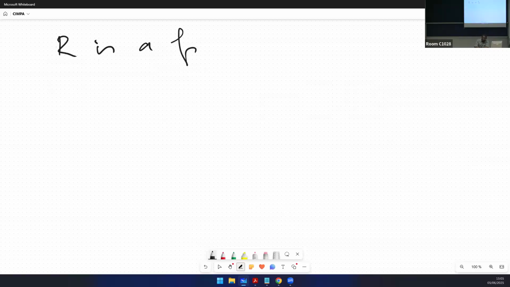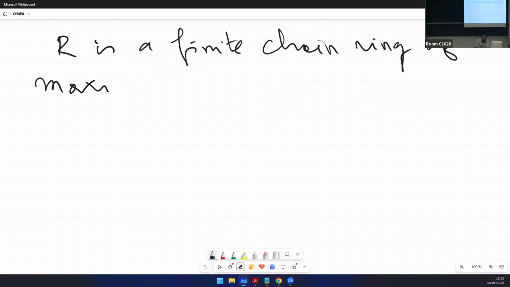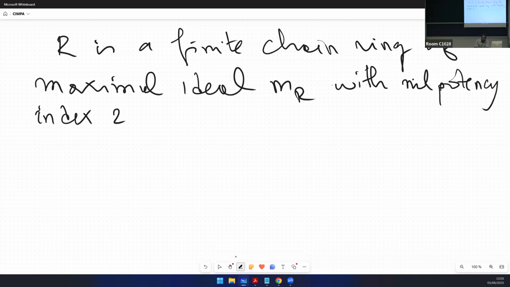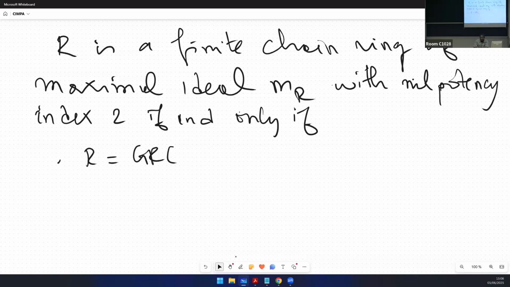R is a finite chain ring with maximal ideal MR and nilpotency index 2 if and only if R is a Galois ring.